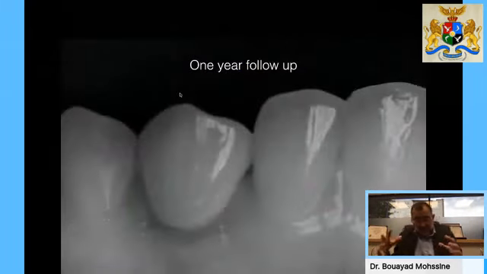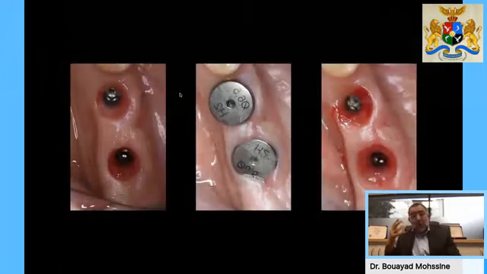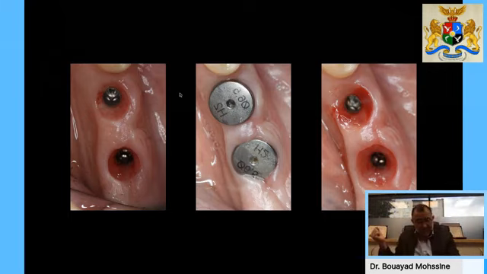This is the picture of the crown at 1 year follow-up. You can also change the form and the dimension of the emergence profile by changing the diameter of our healing abutment. You can change it for aesthetic obligations, as I said before, or for occlusal obligations.